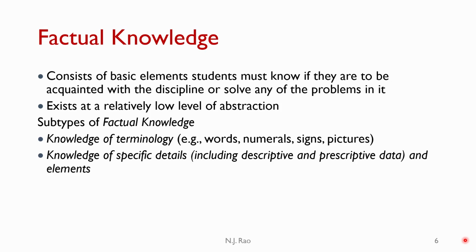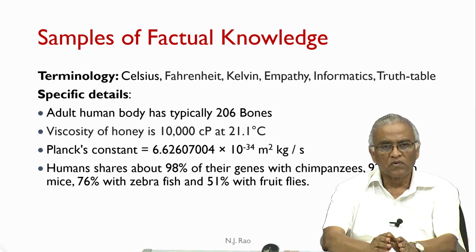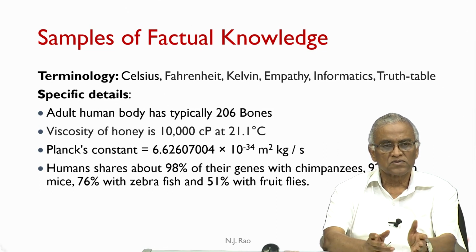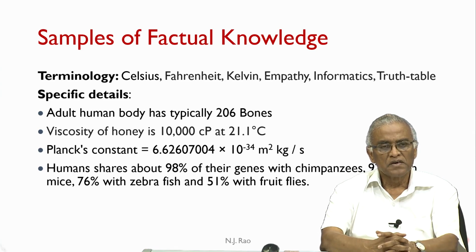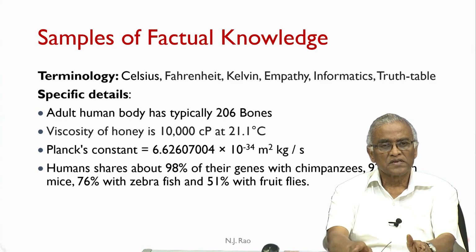So, both descriptive and prescriptive data belong to the category of factual knowledge. Now terminology examples: Celsius, Fahrenheit, Kelvin, empathy, informatics, truth table. These are some of the words. In every subject you can list a large number of such terms which are specific to that course.